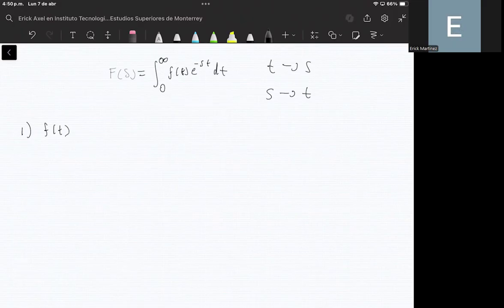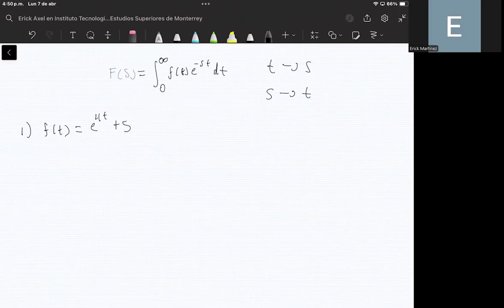And the good thing is that thanks to the properties of the Laplace transform, we can use tables to compute this transformation. So for example, here we have a function that is e elevated to the 4 times t plus 5. This is the function, and we need to compute its Laplace transform.